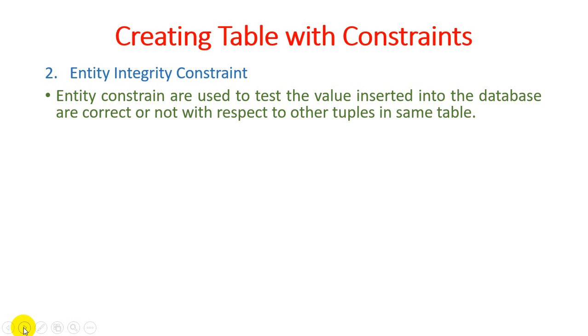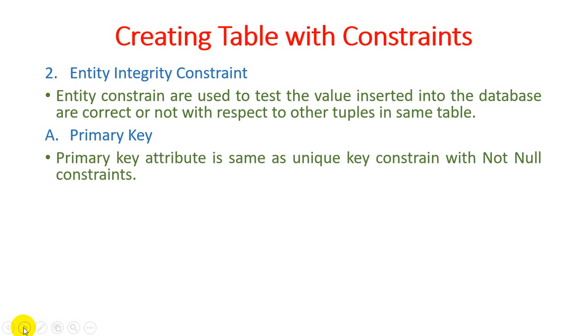Means one of the tuples should be verified against some of the other tuples. For this we will discuss two different things with two different constraints, primary key constraint and unique key constraint. Primary key attribute is the same as a unique key constraint with a not null constraint.